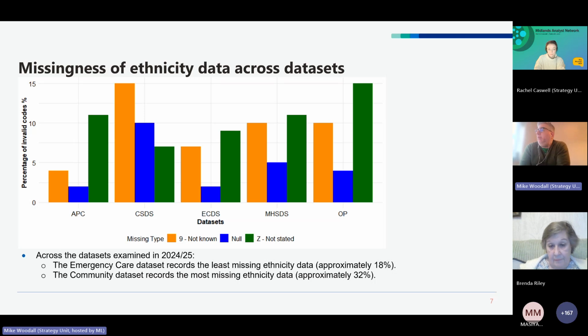In particular, CSDS, the data set that was developed closer to where we are today, is the last one to be developed. There are bigger data quality issues within that than across the other data sets. So that's what we looked at.